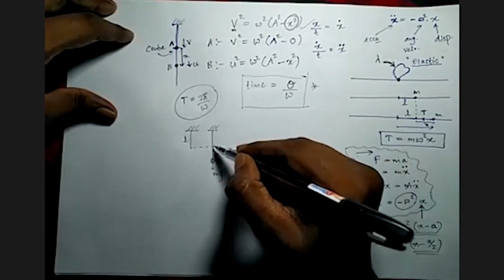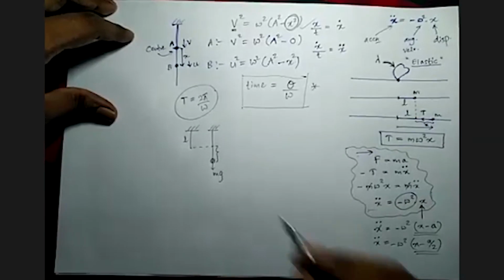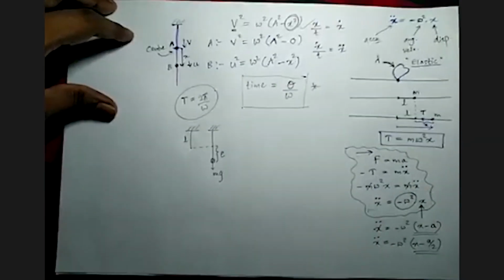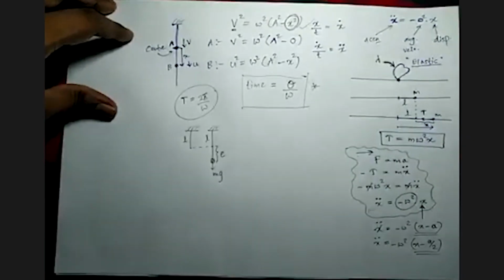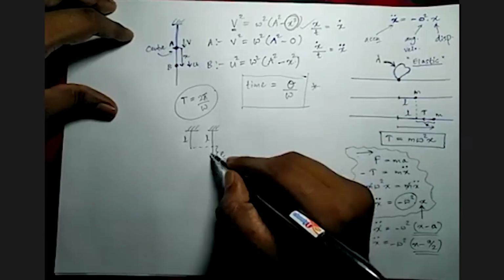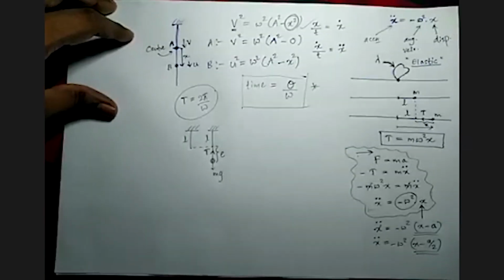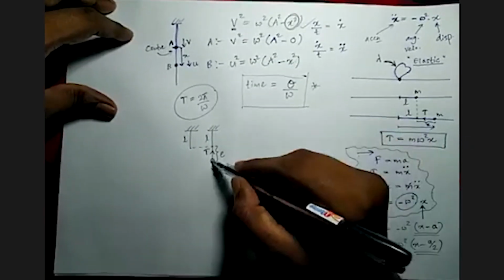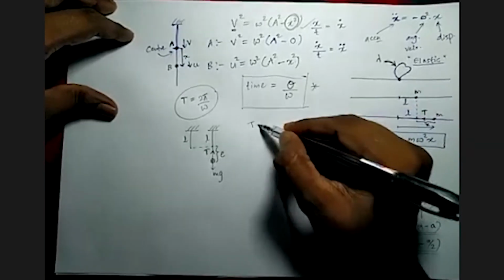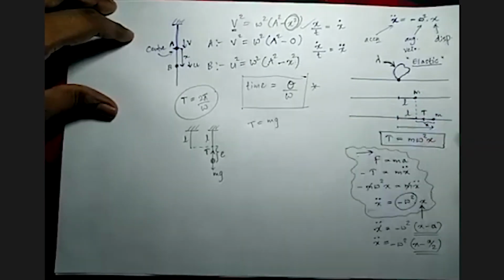Then definitely it is going to extend downwards. Let's say that extension is E. Natural length is L. There is tension T upwards. If the mass is in equilibrium, we know tension is equivalent to mg.